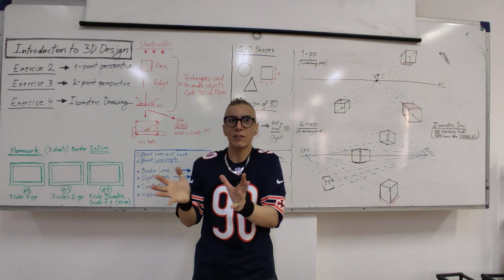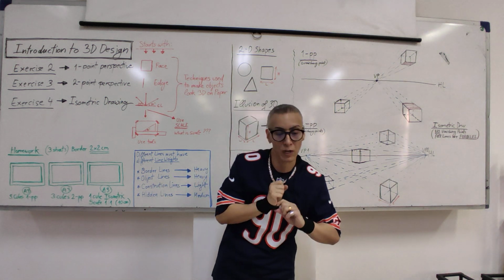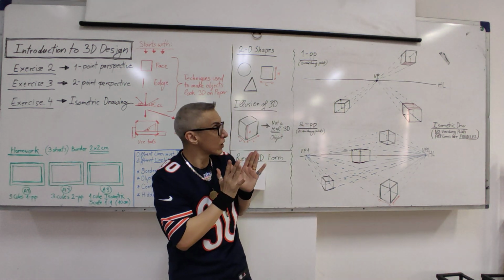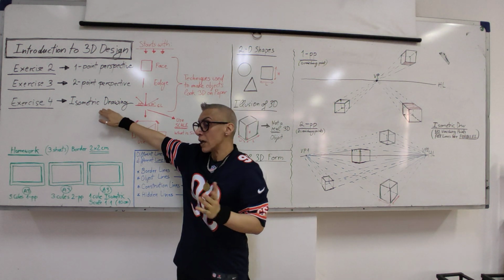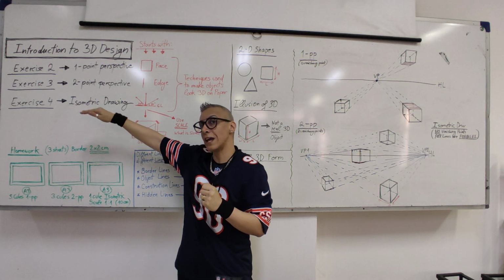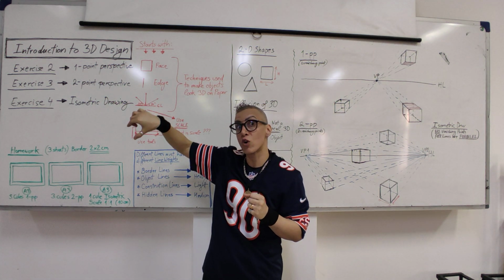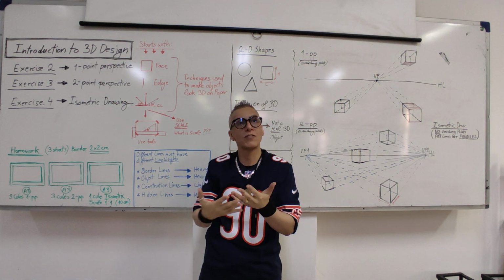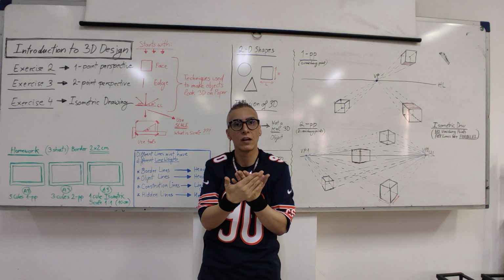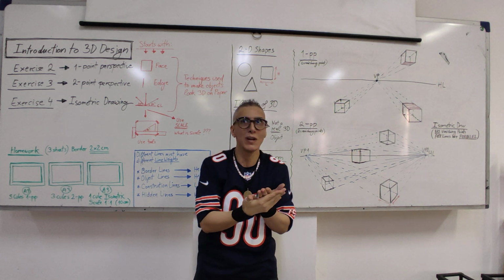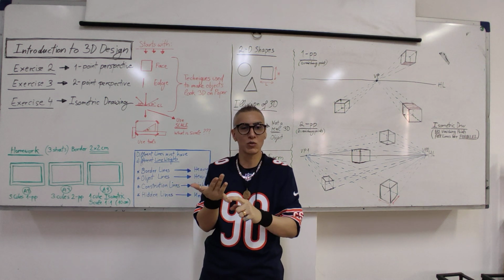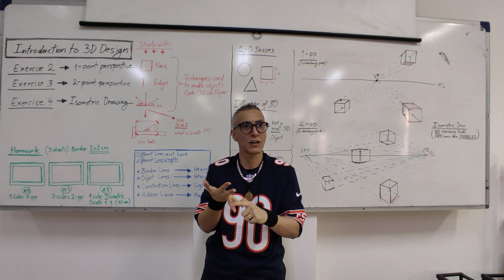It looks like a perspective, but it's not. It's very accurate drawing. So let's see the rules of how this works. Later you will also see that technical drawing, which is isometric drawing, and another type, which is orthographic drawing, in design always go hand in hand. So in the future, when you do many projects, you will be asked to do it in isometric and orthographic.